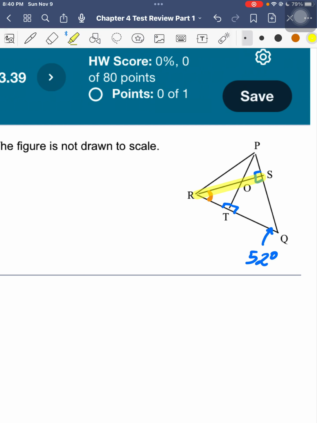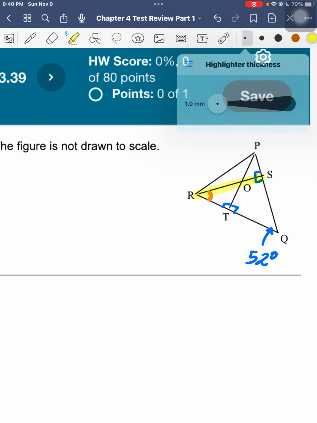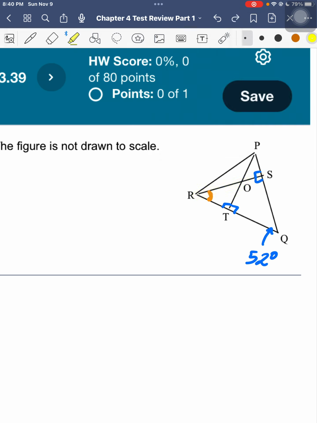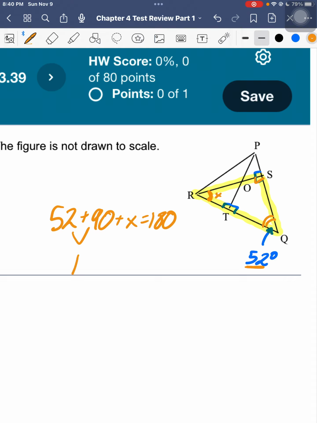Why is it so thick? Whoa. I think that's the smallest it goes. Okay, that's fine. So RSQ. Now this whole triangle, we could use the triangle angle sum theorem, right? I have 52 right here. 52 plus this 90 plus, let's call this x, equals 180.